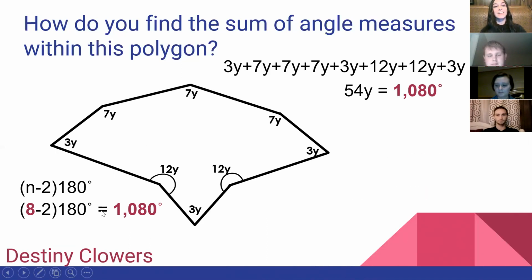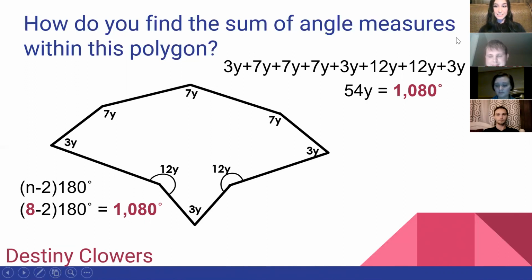And our equation will be 8 minus 2 times 180 degrees equals 1080 degrees. And once you've done that, we're going to just set up all of our interior angles equal to 1080 degrees. And that's what this is over here.